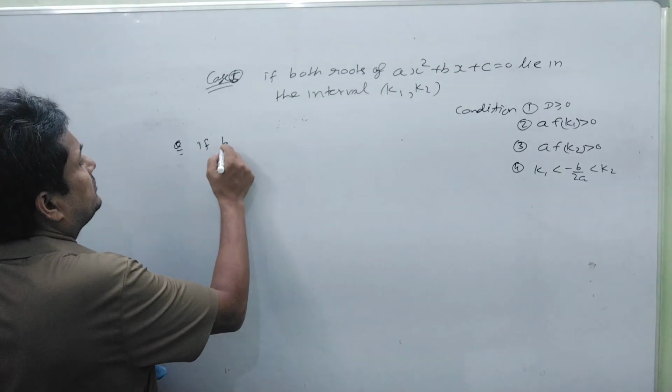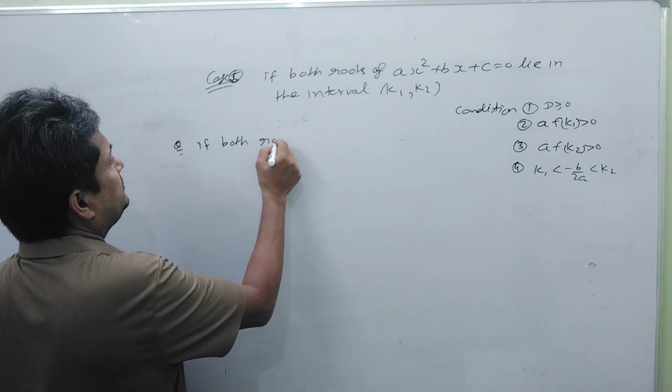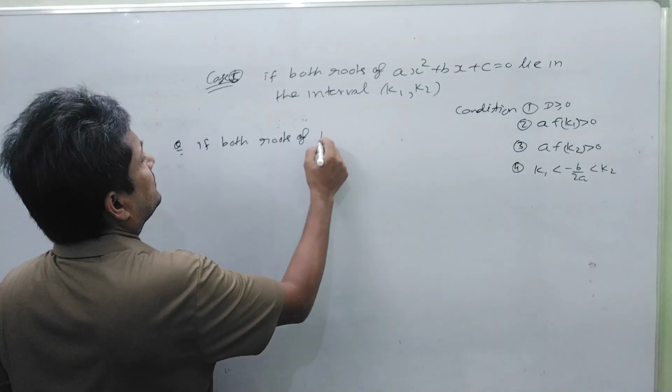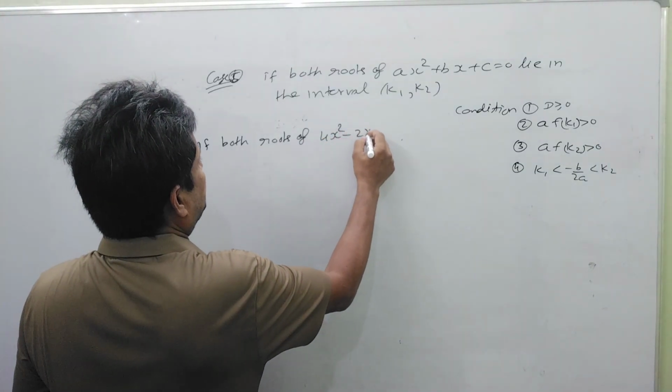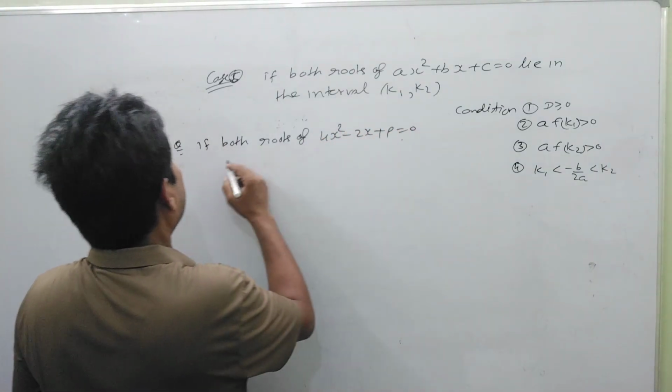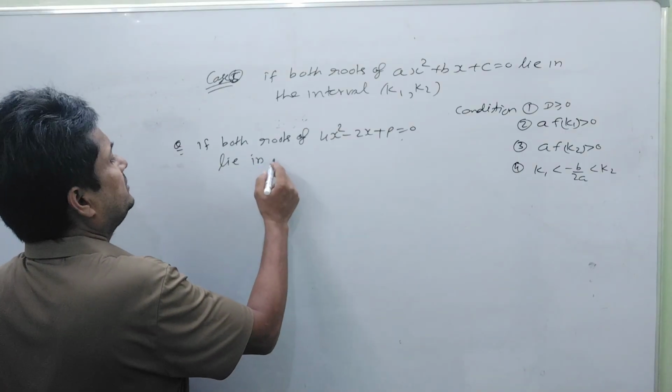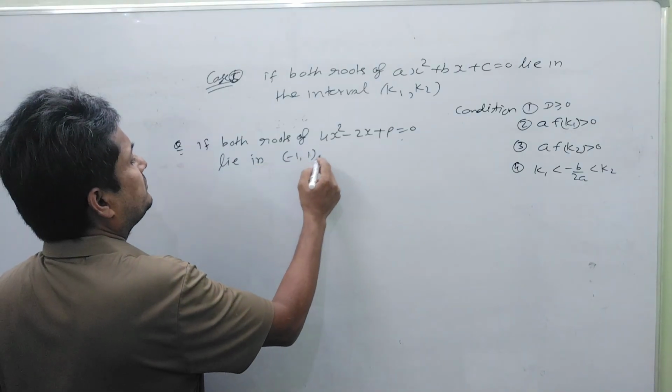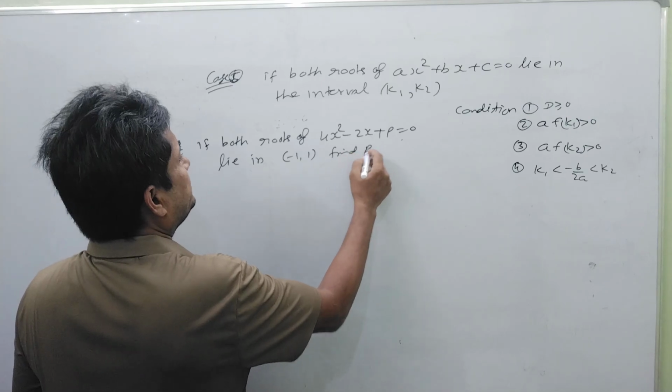If both roots of 4x square minus 2x plus p is equal to 0 lie in the interval minus 1, 1, find p.